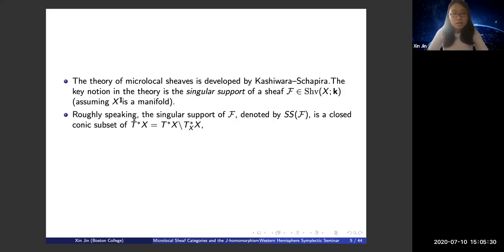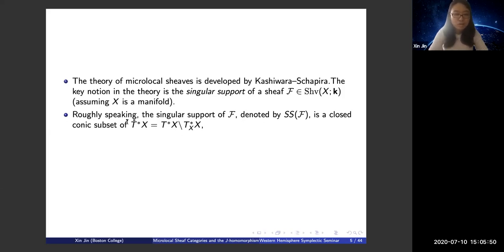And this gives us a connection to symplectic topology, because the singular support lives inside the cotangent bundle and is, from the definition, a closed conic subset inside the cotangent bundle.